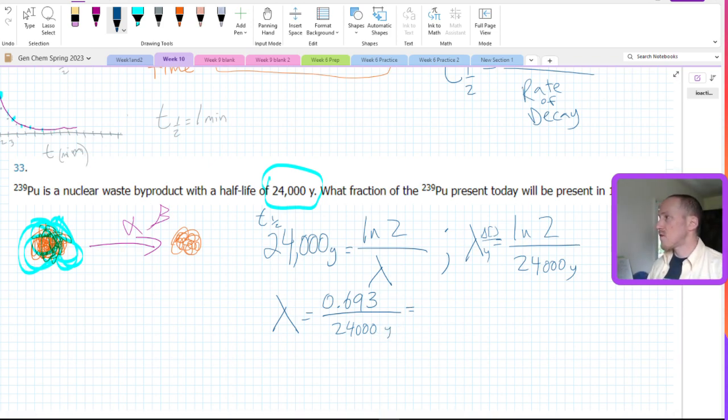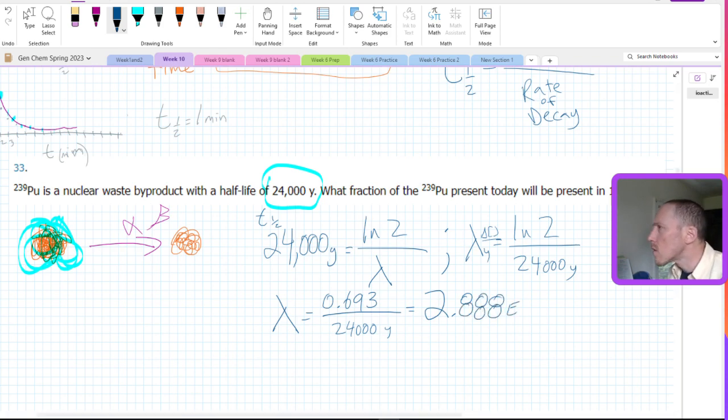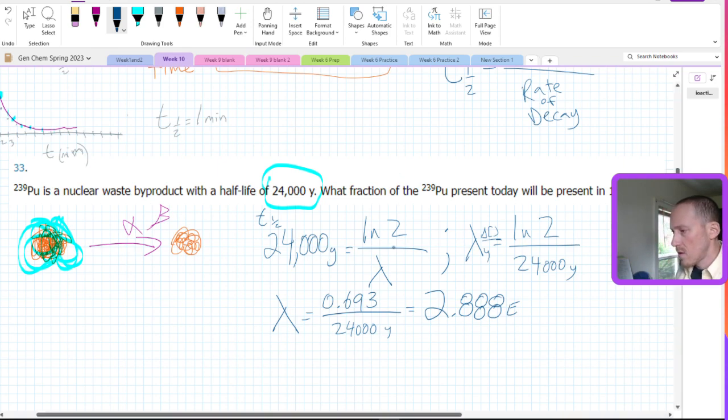And when we divide the natural log of 2 by the given half-life of 24,000 years, we get 2.888 times 10 to the negative... let's see here, 1, 2, 3, 4, 5 per year.